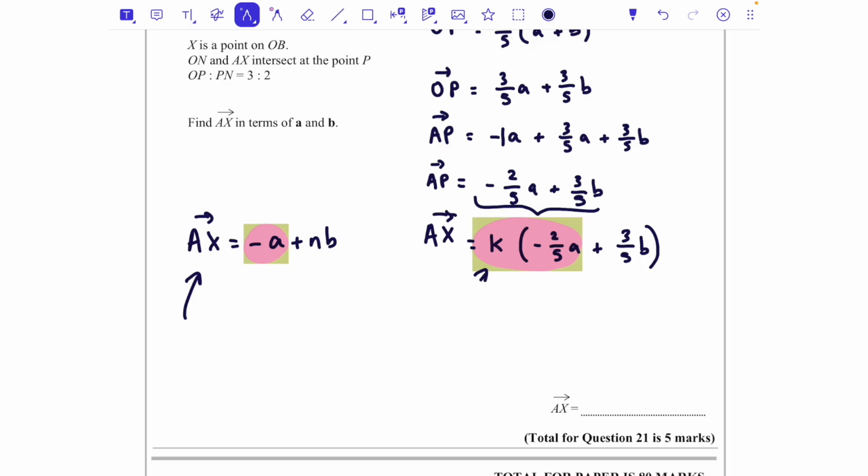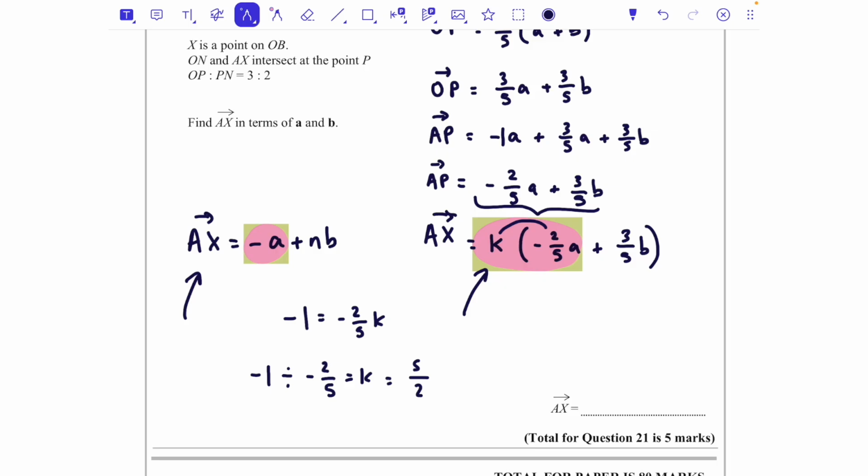And on this version, K multiplied by minus 2/5 would also need to make minus 1. So I'm going to say that minus 1 is equal to minus 2/5 of K. Now we're going to do minus 1 divided by minus 2/5 to get K, and that is 5/2.